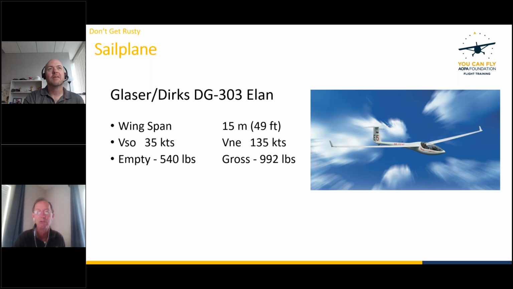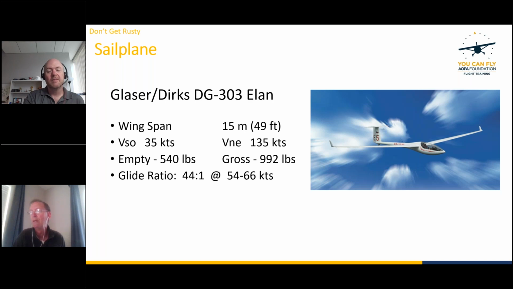Now, lest you think you can be a 450-pound pilot and fly this, the aircraft is capable of carrying water ballast. The reason it does that is that aerodynamically, the glide ratio that it's capable of, which is 44 to 1, and this is something that I'll talk about if there's another presentation I do to powered pilots about how you apply glider concepts to flying airplanes. But a little known fact is that the glide ratio of your airplane is independent of your weight.